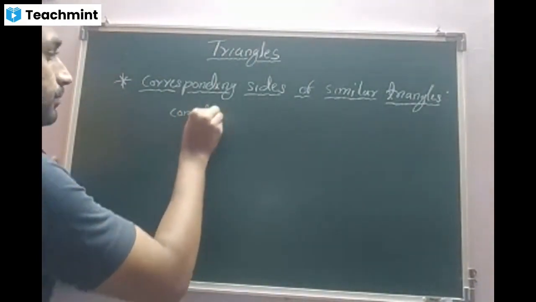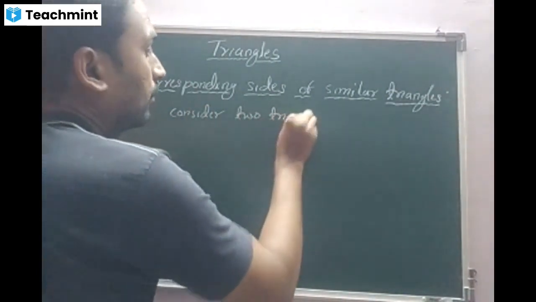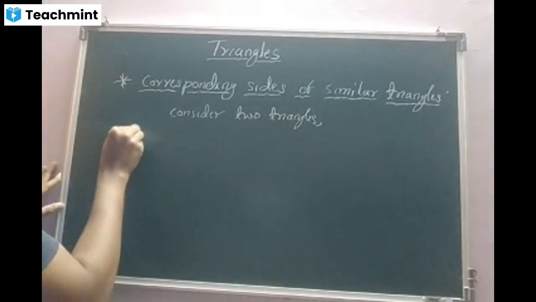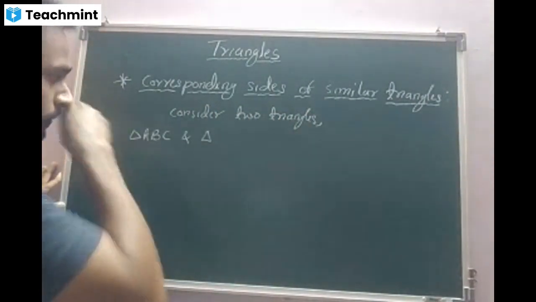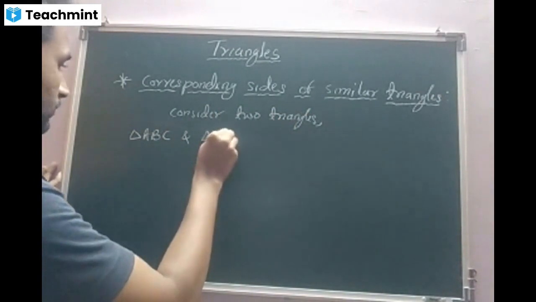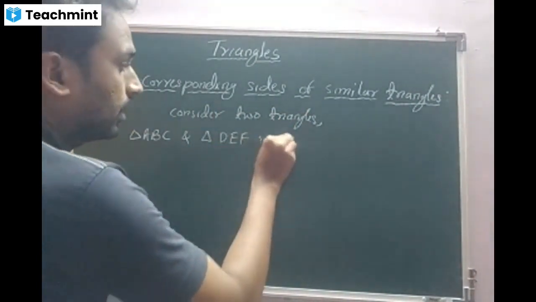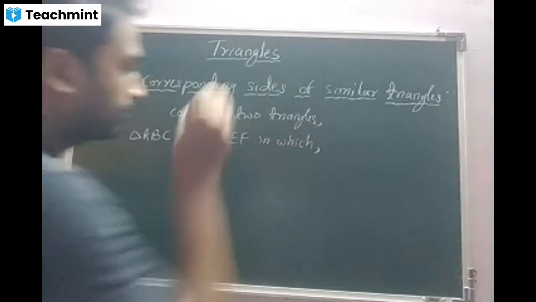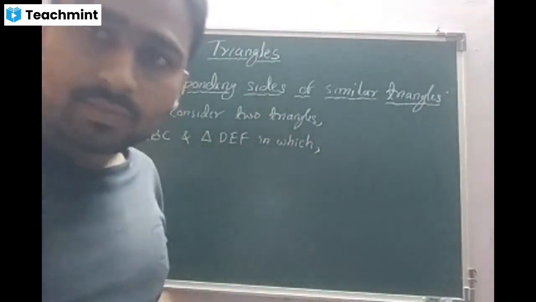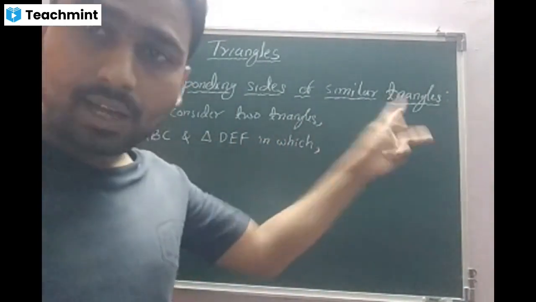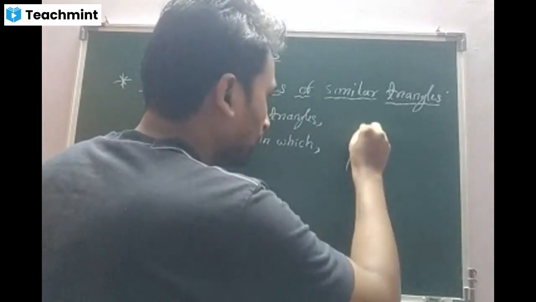Consider two triangles, triangle ABC and triangle DEF. Let me draw the diagram. I'm talking about similar triangles, so I'll draw similar triangles.